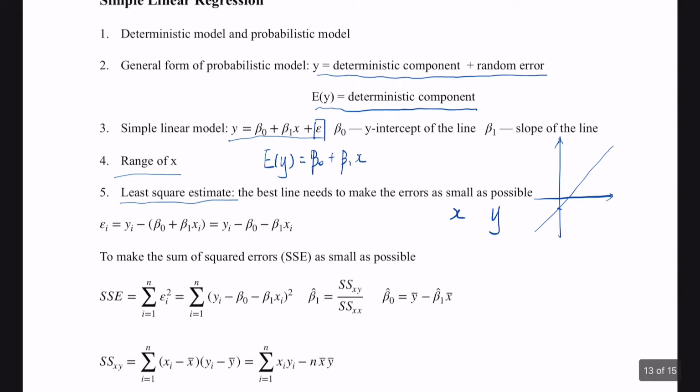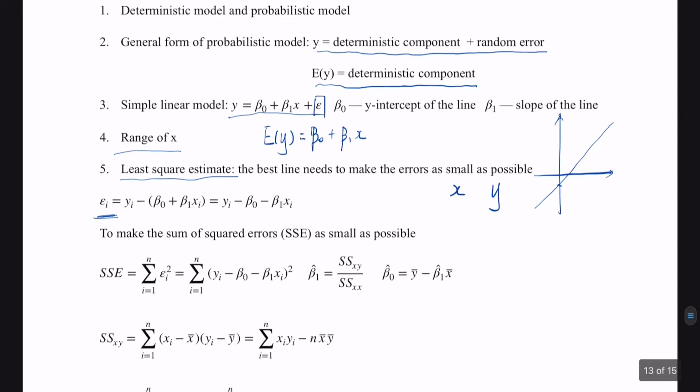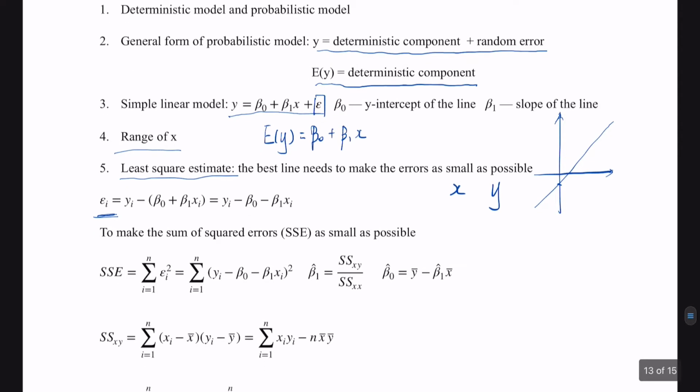I won't go into detail about the reasoning behind this method, but basically, the main rationale behind this method is that we want to make the random part of this function as small as possible. So that's why we are calculating this SSE, which is the sum of the square of the random error.